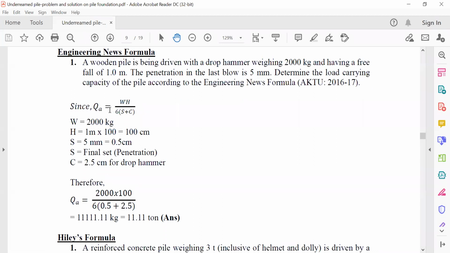So allowable load is nothing but ultimate load divided by factor of safety. We will see that further ahead. So QA we can calculate, this is 11.11 ton. That means a single pile, a wooden pile, can take a load of about 11.11 ton, which we have calculated using the engineering news formula.